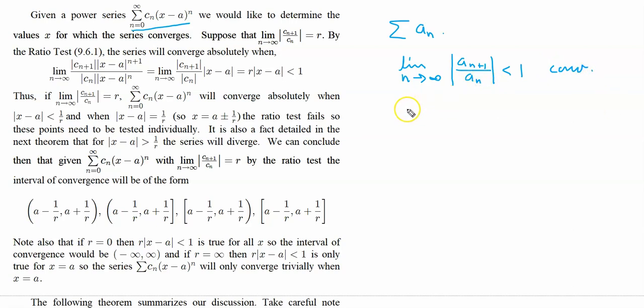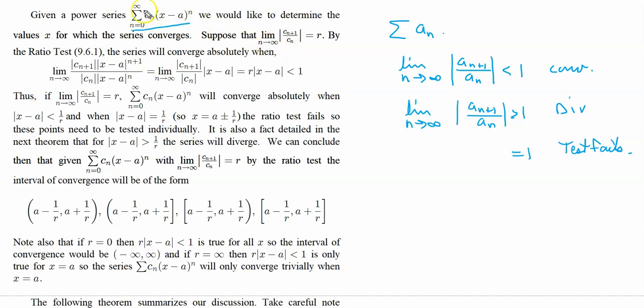Otherwise, if this limit is larger than 1, then we will have divergence, right? And if it's equal to 1, then the test fails. Okay, so recall that is our ratio test. So, to determine the values of x for which this will converge and diverge, what we're going to do is this.